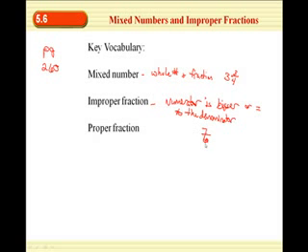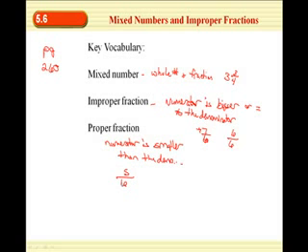The numerator, the top number, is bigger than the denominator. Or 6/6 would also be considered an improper fraction because it is equal. A proper fraction is when the numerator is smaller than the denominator. So something like 5/6 would be a proper fraction.